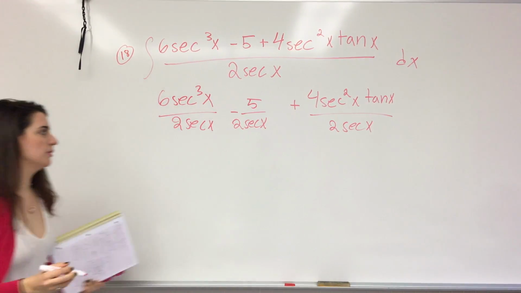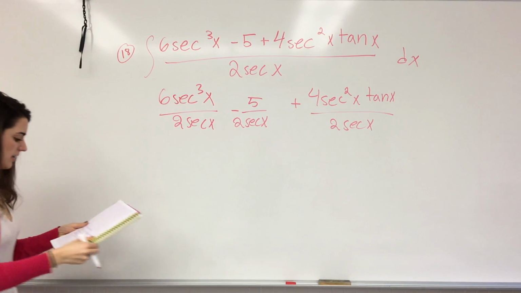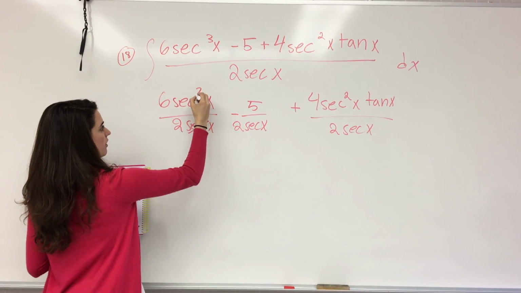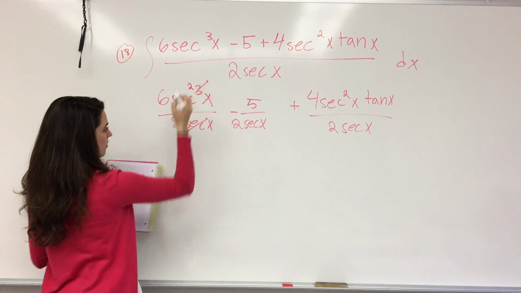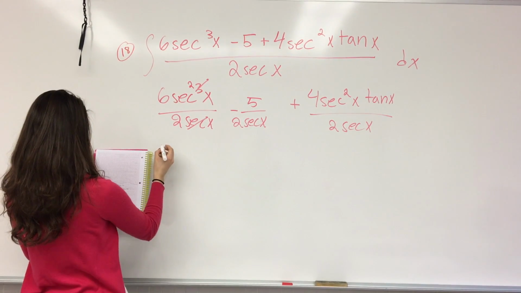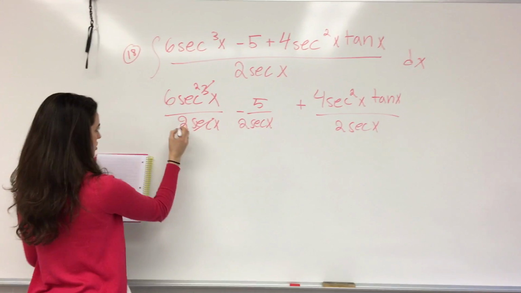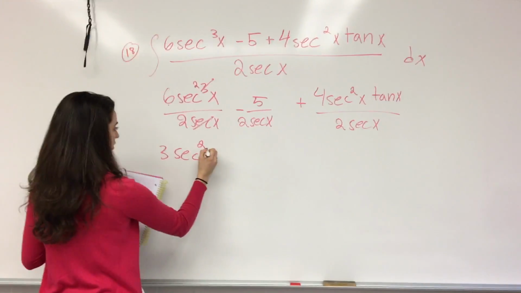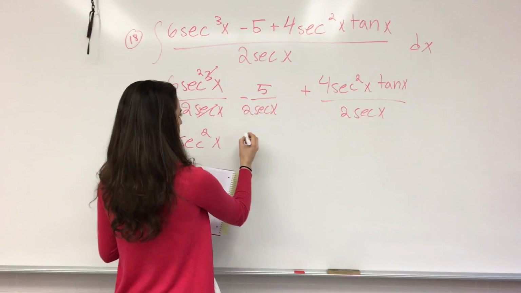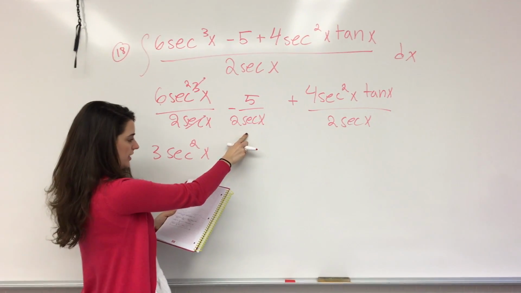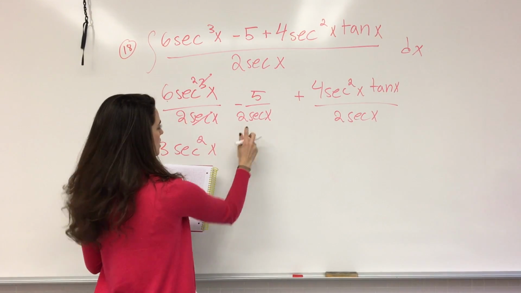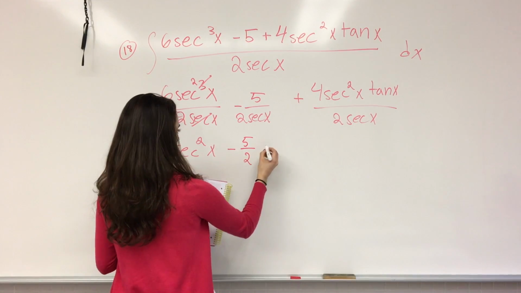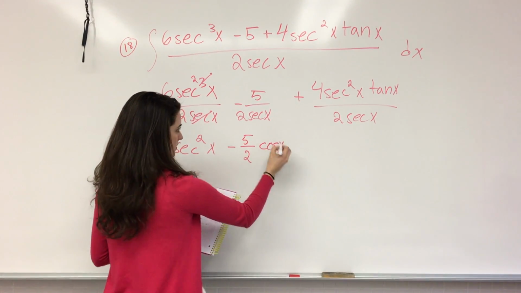Now we need to simplify each term, and in the first one we are going to cancel this one with the cubed, and this is going to become a 2. So we're going to be left with the division of 6 over 2, which is 3 secant squared x, and then we use an identity to solve this, and it's going to be negative 5 over 2 cosine of x.